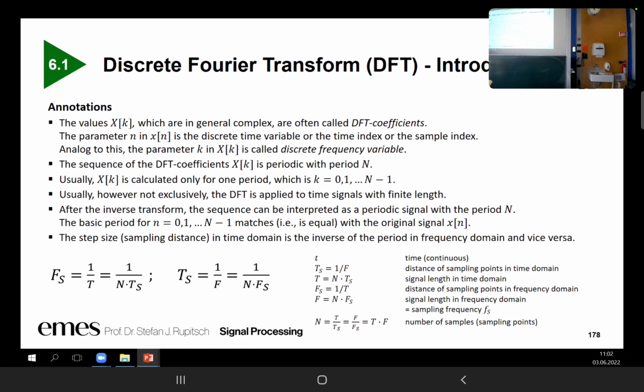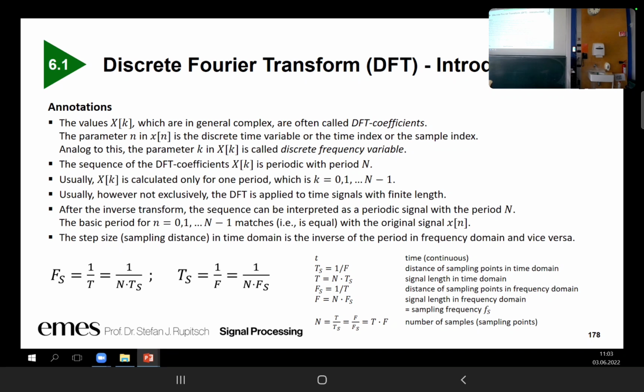Let us talk about the step size, the sampling distance. If we consider the length of our entire signal, then from this length we can calculate the distance between two sampling points in the frequency domain.